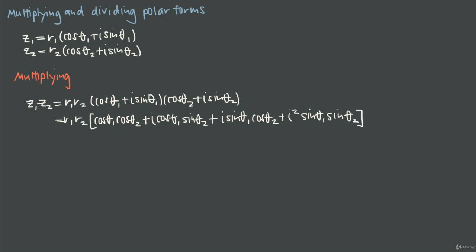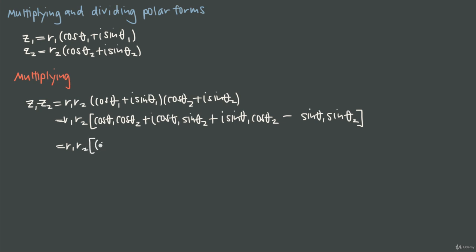The first thing I want to do here is recognize that this i squared term is equal to negative 1. We know i squared is equal to negative 1. So we can get rid of that there and just write this as minus 1, or minus sine theta 1 sine theta 2. Then we want to group together the imaginary and real parts. So I still have r1, r2.